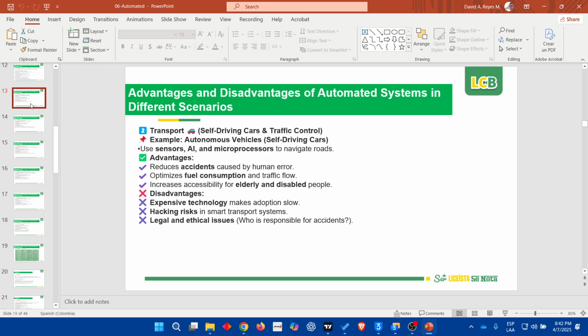Next one. Transport. For transport, we have the self-driving cars and traffic control. For example, the autonomous vehicles, self-driving cars. Those use sensors, artificial intelligence and microprocessors to navigate on roads. Okay. Advantages: reduce accidents caused by human error, optimize fuel consumption and traffic flow, and increase accessibility for elderly and disabled people.